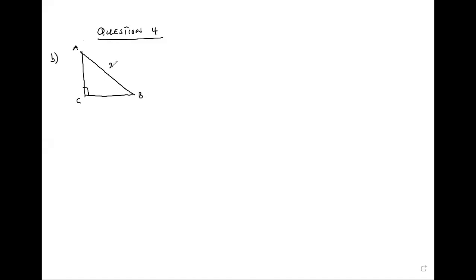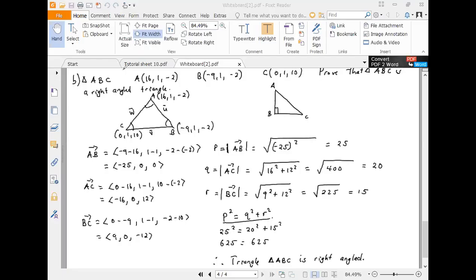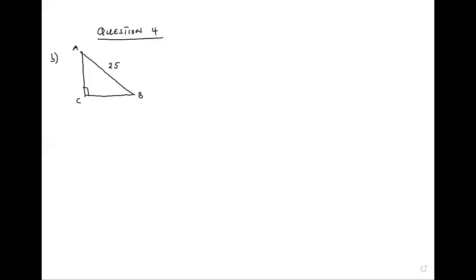So this side was 25 and the side which was 20. Check. Side was 20 here. So AB was 25, AC was 20, and this was 15.